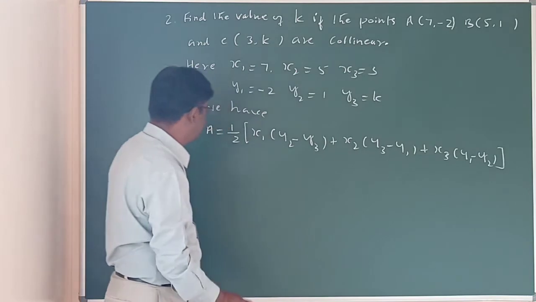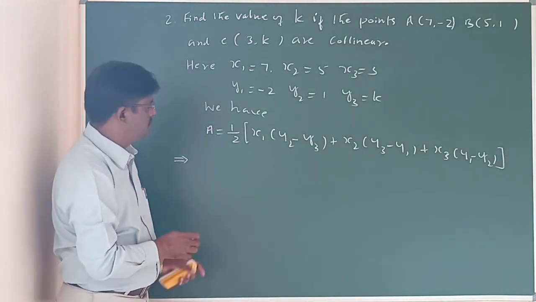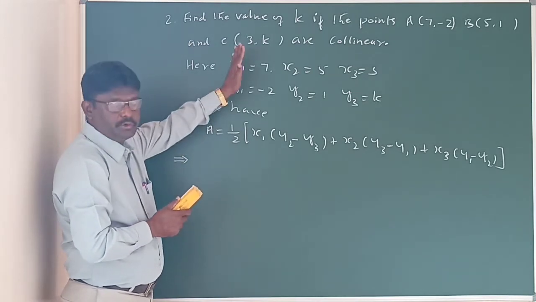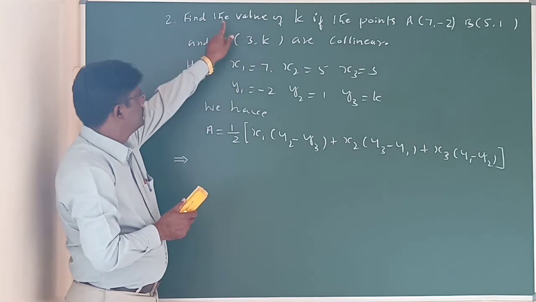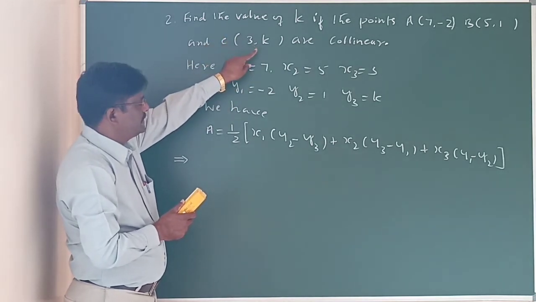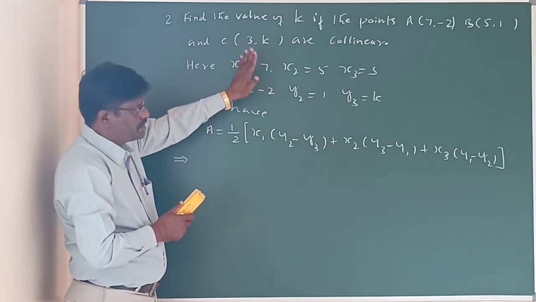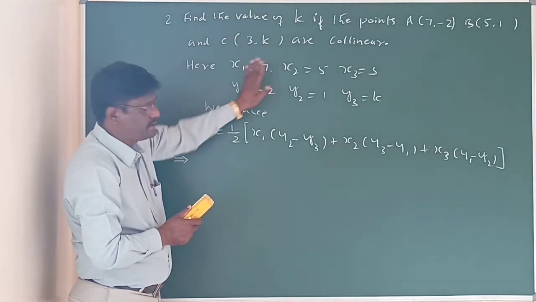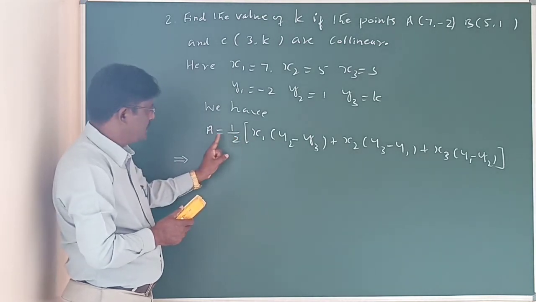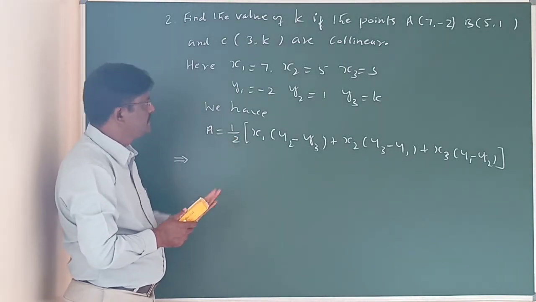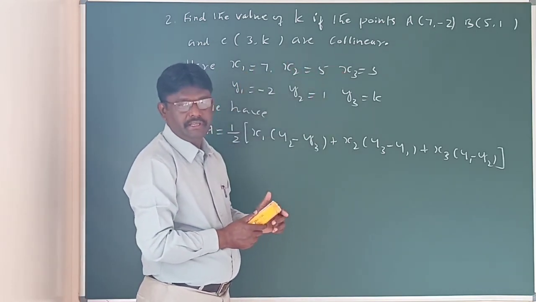Now we shall substitute. Since now look, children, be very clear. Here we have to find the value of k. We are given 3 vertices, 3 points whose coordinates are given. Therefore, we have chosen the area formula. And what is the important condition? Points are collinear.